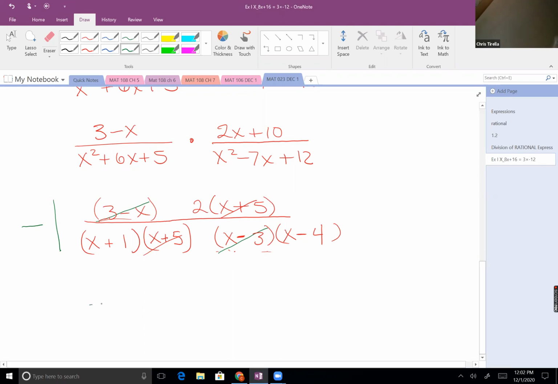And so my final answer is a negative fraction. In the numerator, I'm left with 2. And in the denominator, I'm left with x plus 1 times x minus 4.